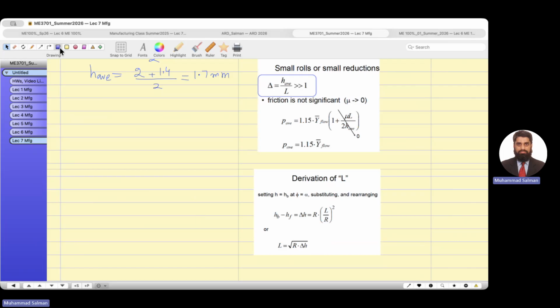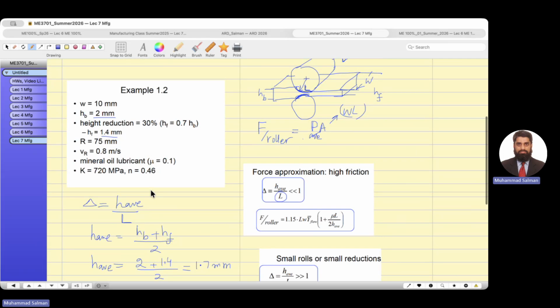So what is my L? You will tell me, Professor, L equals the square root of the radius of the roller times delta H. What is delta H? You will tell me, Professor, this is beginning height minus final height. 2 minus 1.4, which is 0.6 millimeters. Agreed? So let's find out L. What is R?